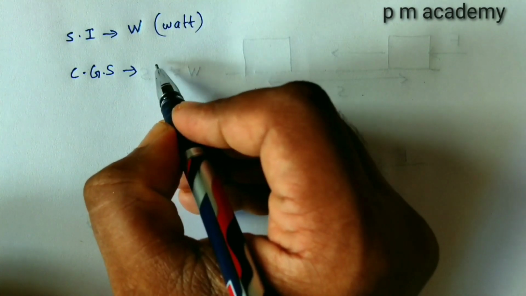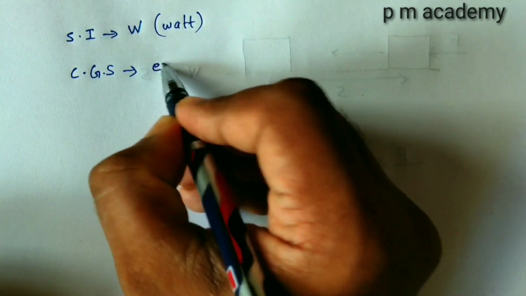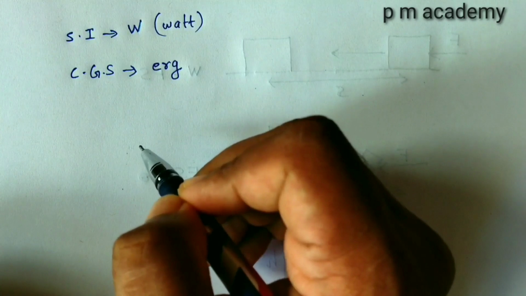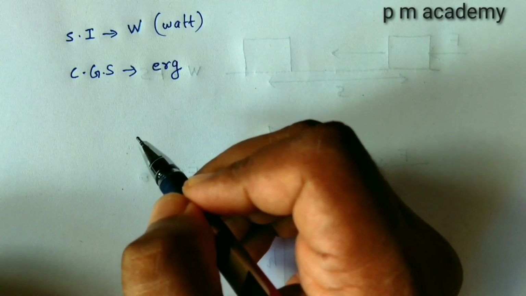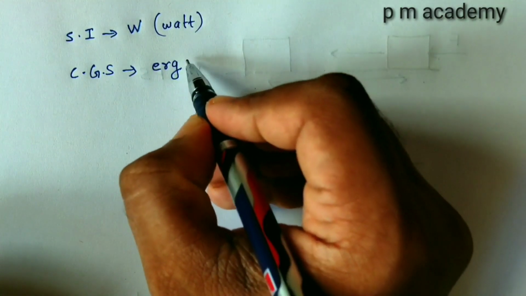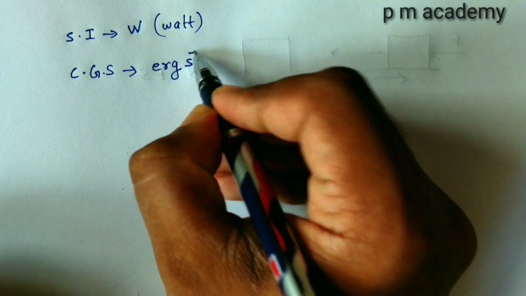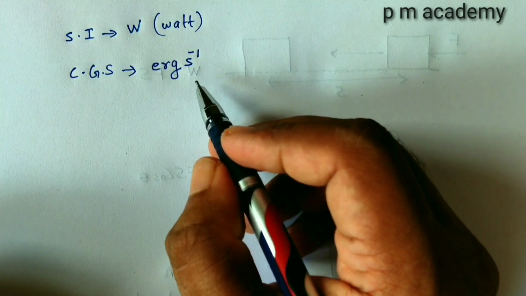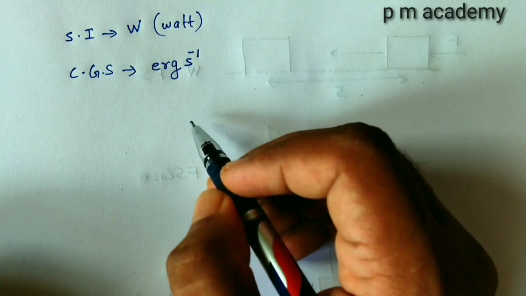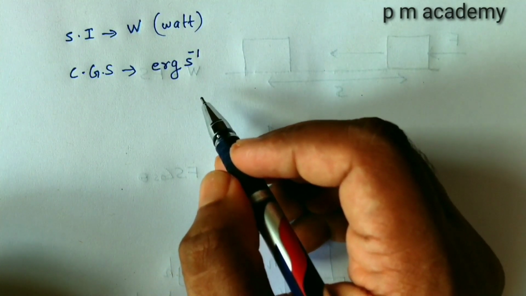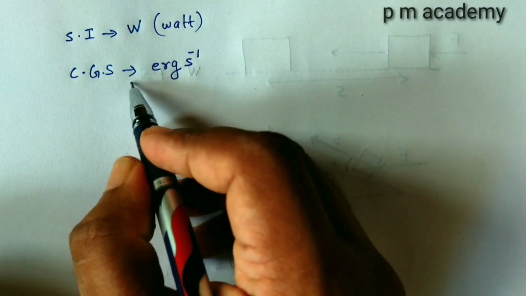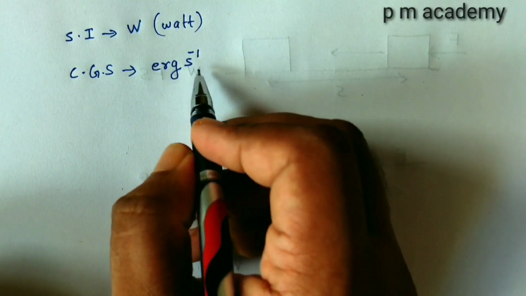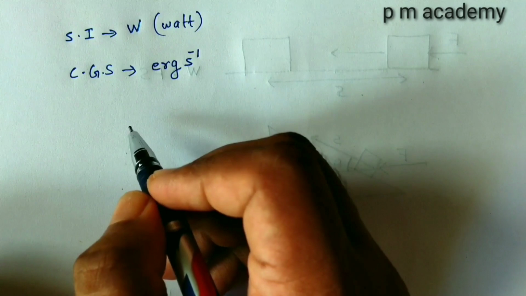In CGS unit, joule becomes erg. Per second, CGS unit of second is also seconds. Therefore, joule per second becomes erg per second, or erg second raised to -1. That is, CGS unit of power is erg second raised to minus 1.